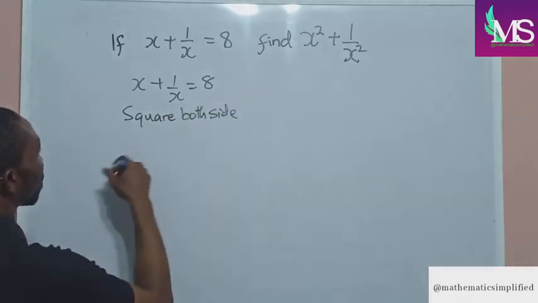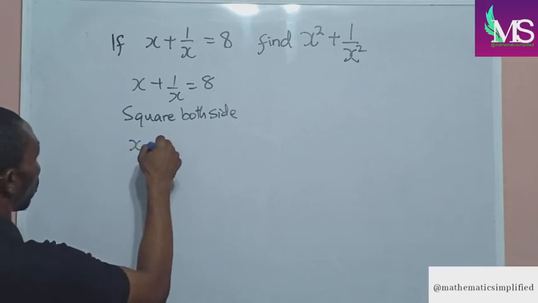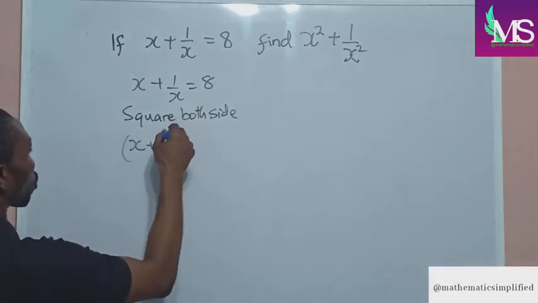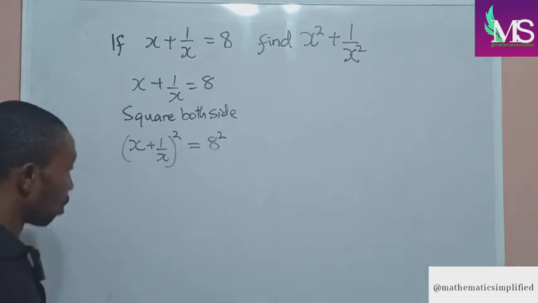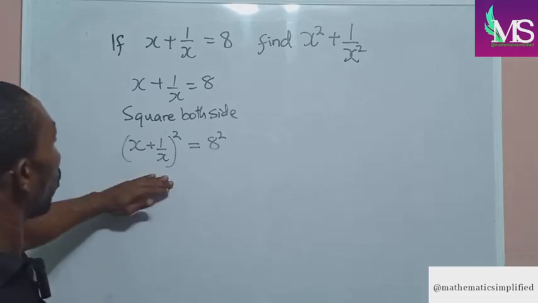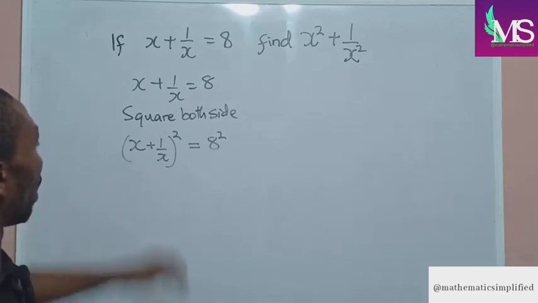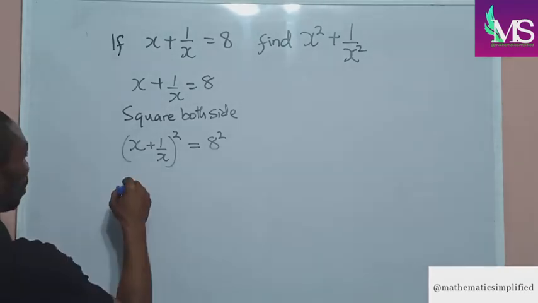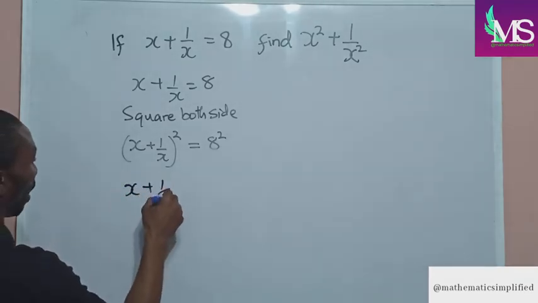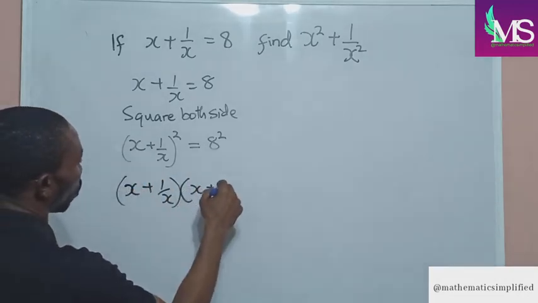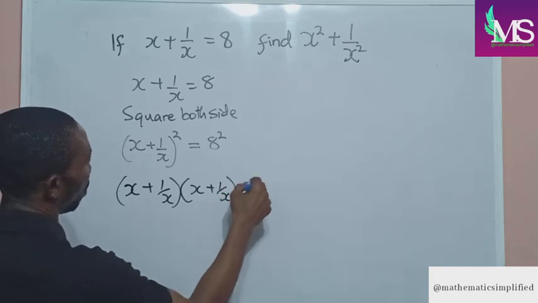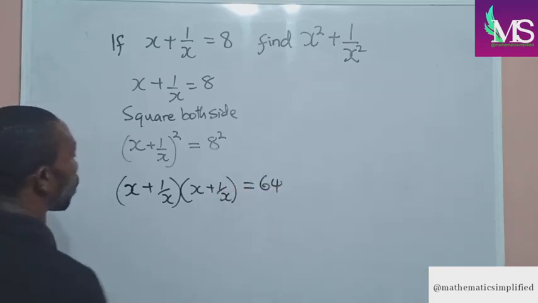Now, if we square both sides, this becomes x plus 1 over x all squared equals 8 squared. So now from here we'll open up this bracket. This becomes x plus 1 over x times x plus 1 over x equals 64.